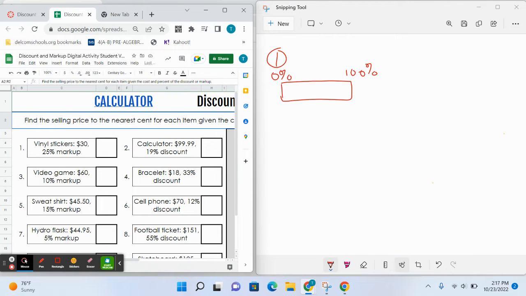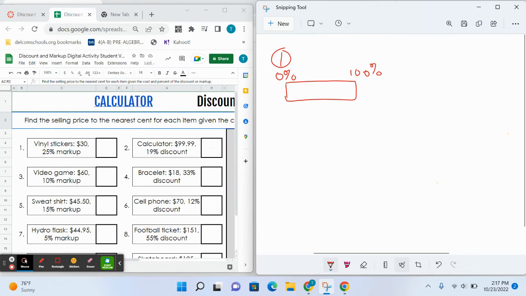So for the markup problem, we have $0 on the very left, and the stickers' original whole price was $30, so $30 is at the end. We tried to visualize where 25% was, so about right there.